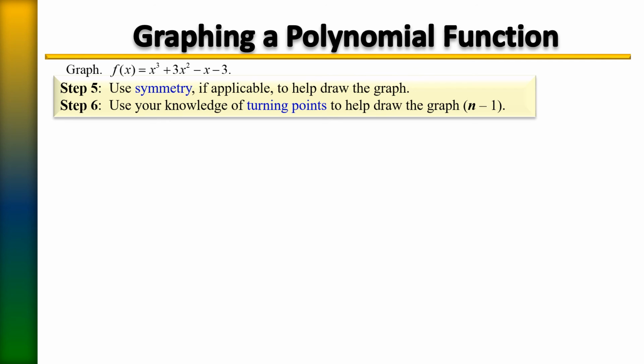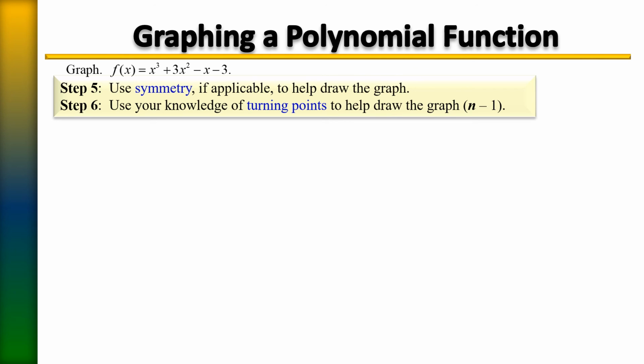Starting with 5, use symmetry if applicable to help us draw the graph. We really don't need that because at the very beginning, recall, we looked at the leading coefficient, found it to be 1, which means that the graph was going to move from left to right in an upward motion, and that it was a third-degree polynomial, meaning an odd function.